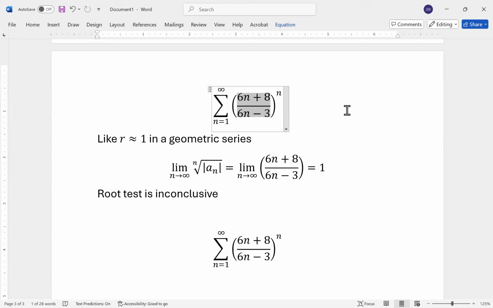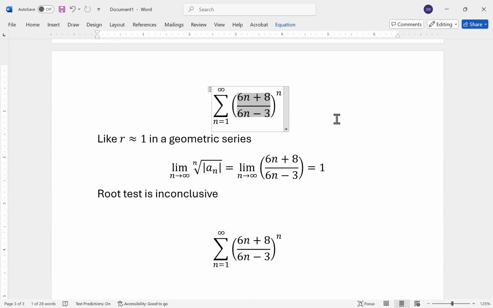In this case, it turns out this ratio here is always a little bit above 1. The plus 8 versus the minus 3 makes this thing always a little bit above 1. And therefore, the infinite series actually diverges. But I don't know that via the root test.